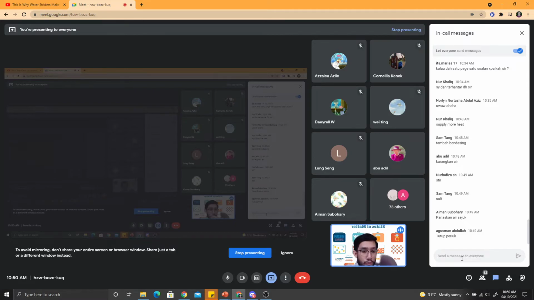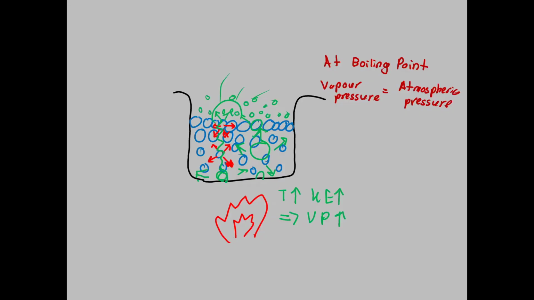Okay, untuk lagi cepat dia boil, okay, first is tutup periuk like Agus Man cakap. It's true. So we can increase the temperature, which is kita increase dia punya kinetic energy, lagi cepat, lagi banyak vapor pressure, lagi cepat lah dia boiling kan. Ataupun kita tutup periuk so that the vapor yang sini dah tak banyak kan.